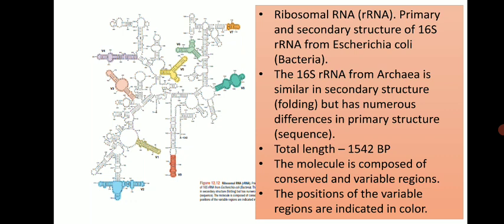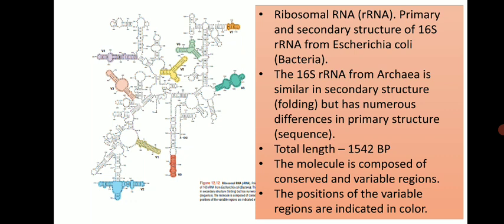They are different for different microbes. Here the primary and secondary structure of 16S ribosomal RNA from Escherichia coli, which is a bacterium, is given, and the 16S rRNA from Archaea is similar in secondary structure folding but has numerous differences in primary structure sequences.